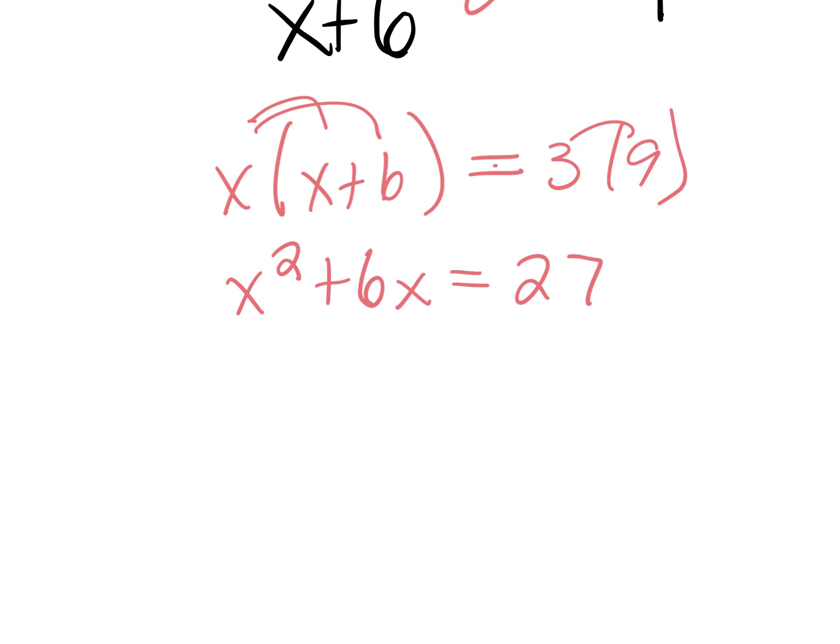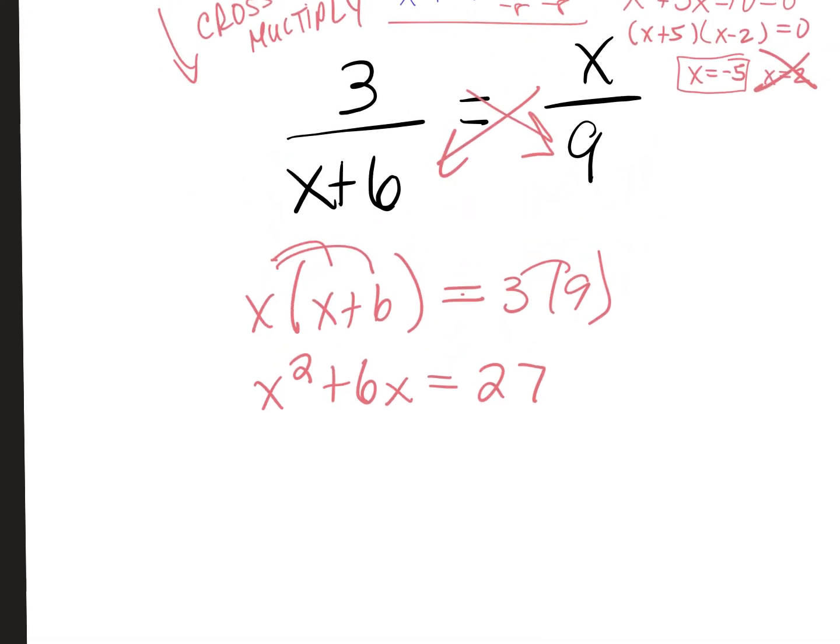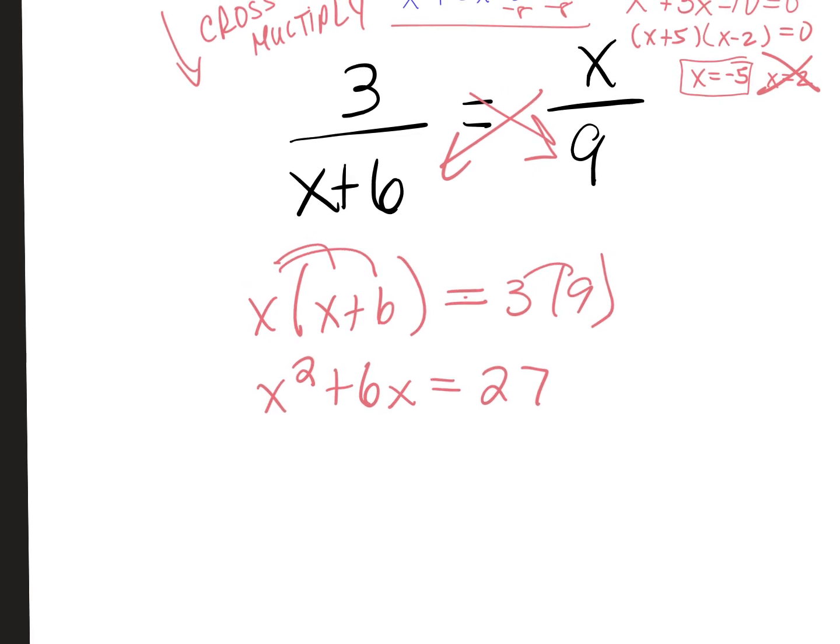We can't simplify? Hmm? We can't simplify 3 and 9? No, because you're multiplying here to solve the equation. If it was 3 over x plus 6 times x over 9, yes, you could simplify there. But since there's an equal sign there, you can't simplify.